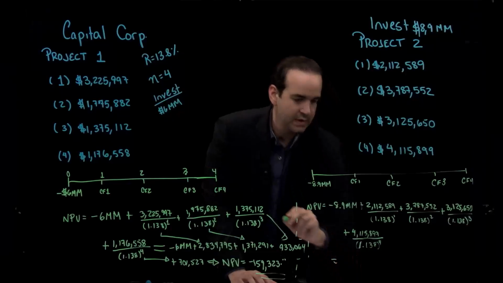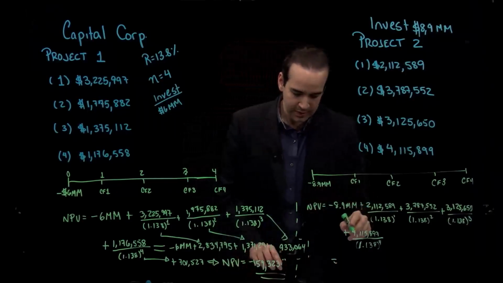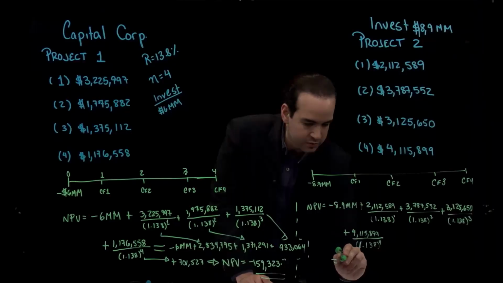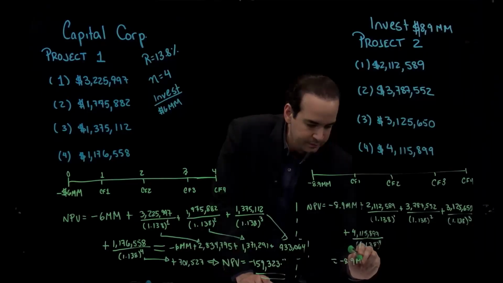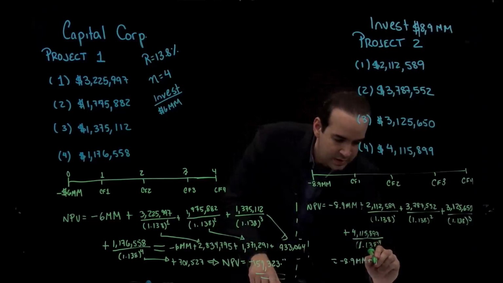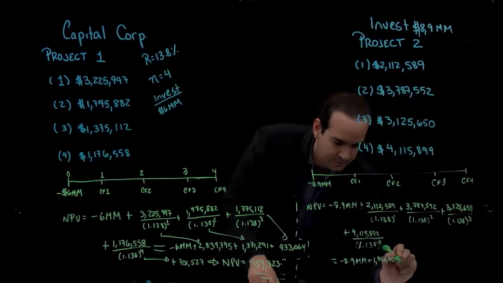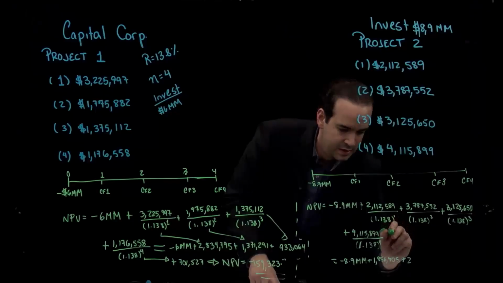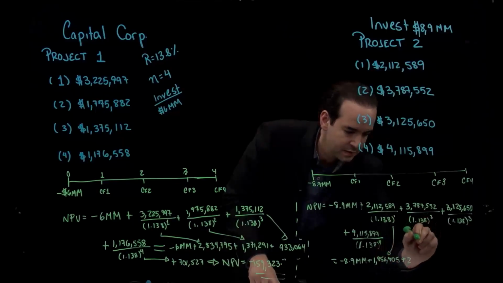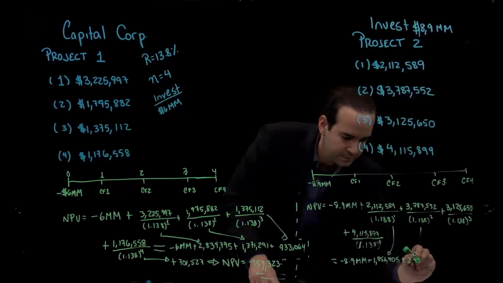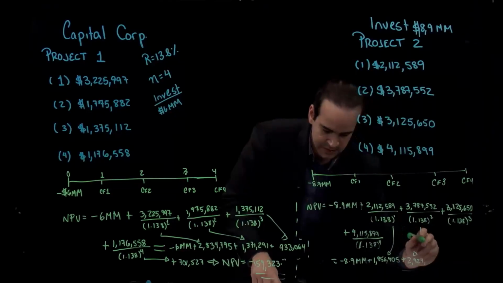And now I'm going to substitute these numbers for the actual outcome of these divisions. So it's going to be first the 8.9 million, and then we're having 1,856,405, and then we will have 2,924,651.